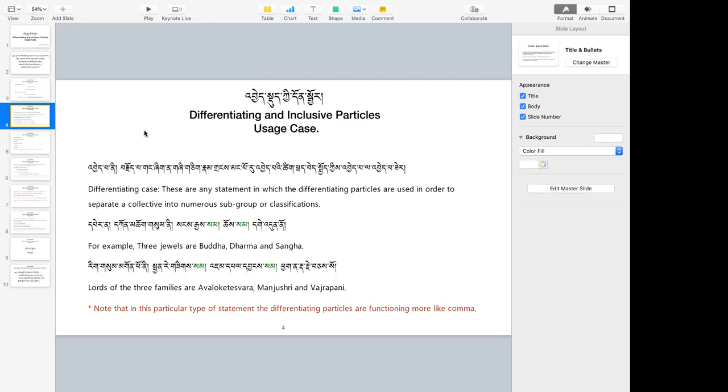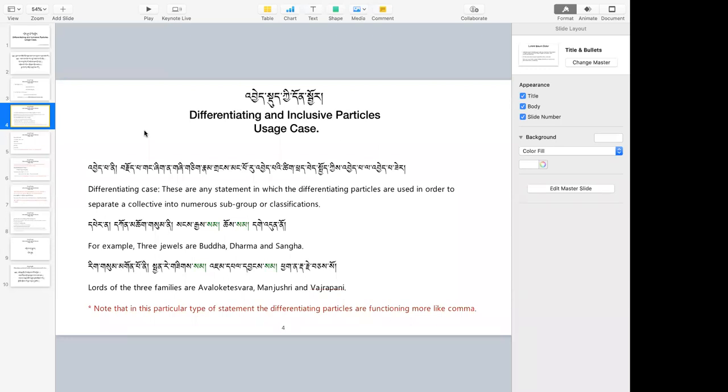Penna, kuncho sumni, sange sam, chö sam, gendu no. So, for example, the 3 jewels are Buddha, Dharma, and Sangha. Here you see that the collective in this statement is the 3 jewels.